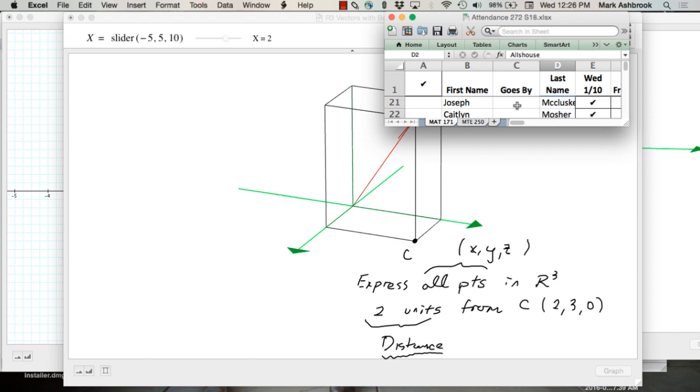How do you find the distance in R3? Distance in R3, x squared plus y squared plus z squared. No, that's magnitude. So distance between 2 points. Do you know? Final minus initial. Okay, that's part of it. So, Caitlin, did you get it?